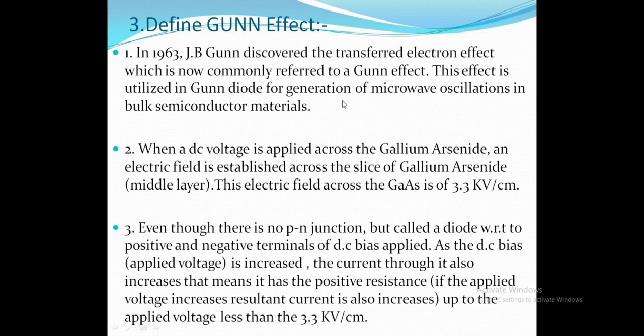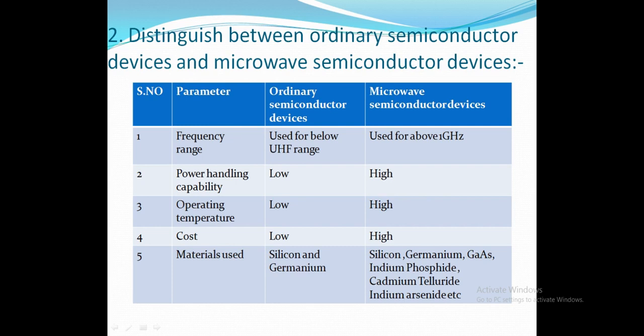Next topic is define Gunn effect. Before the Gunn effect definition, microwave semiconductor devices are divided into two types: avalanche transit time devices and transferred electron devices.